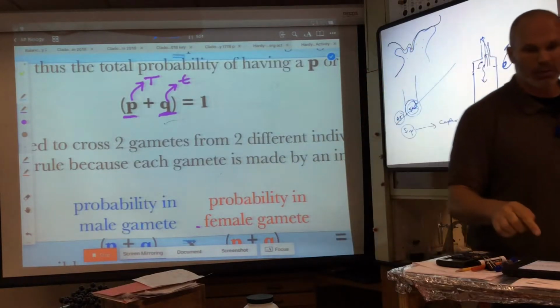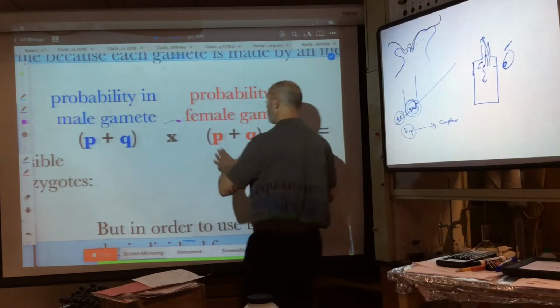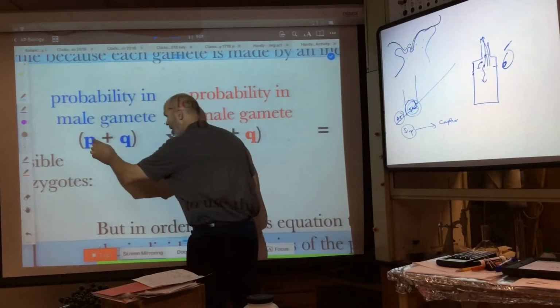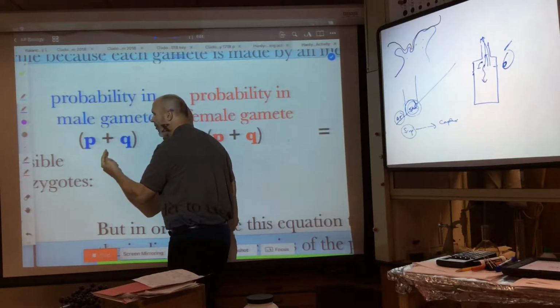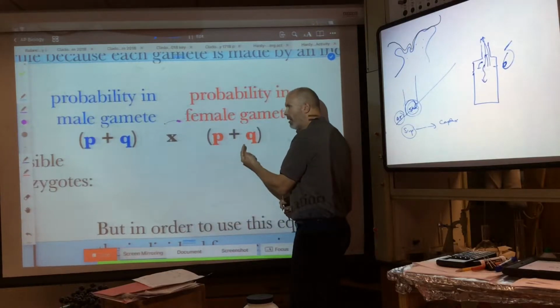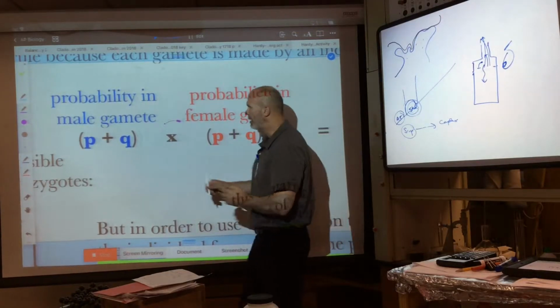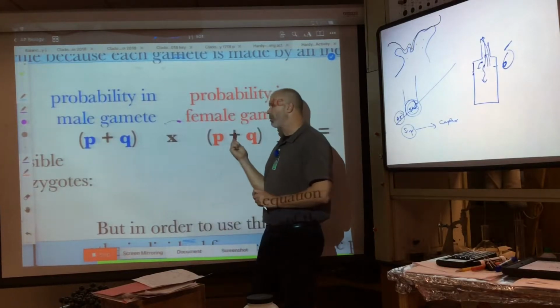And because we're now going to mate the male and the female, we add all the possibilities that this single chromosome could have for this allele, and this has the same scenario because there's only p's and q's. Because the making of this gamete is independent of this one, we multiply.